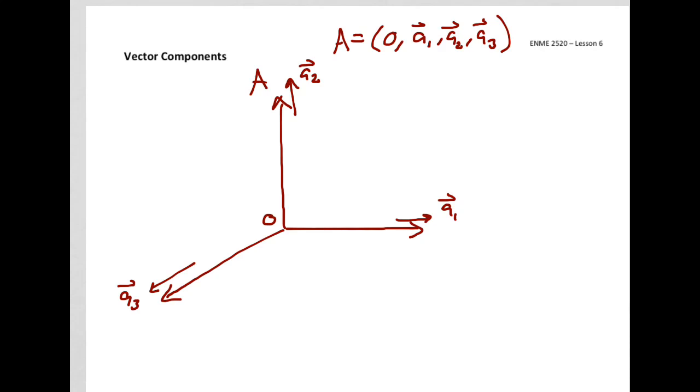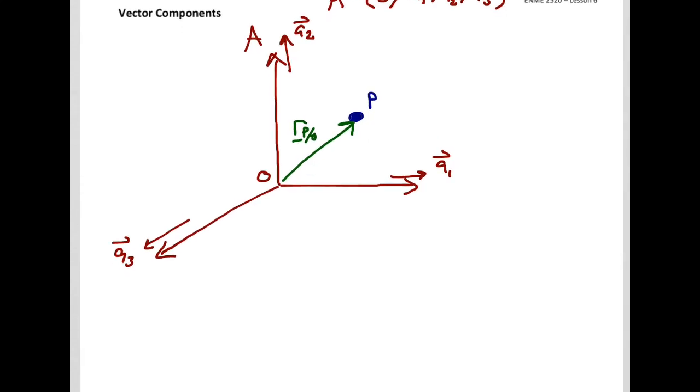So if we define a point now, and our point is point P, then we have a position vector that goes from O to P, and that position vector is R of P with respect to O, and we can write that position vector now in terms of these basis vectors.